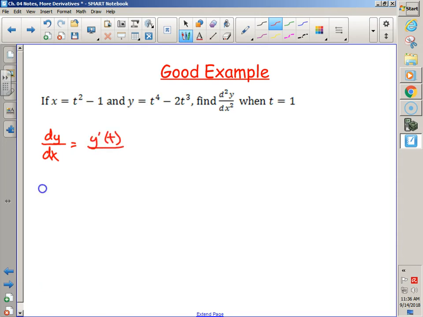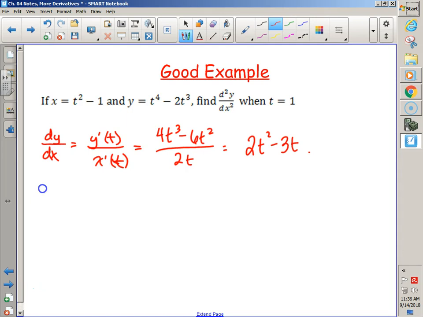Y prime over x prime. You saw why the notations worked on the page before, but let's go ahead and do it. If we can just memorize them, without even thinking about the notations, for most of us it'd be easier that way. We just have 4t cubed minus 6t squared all over 2t, right? Can we simplify that? Yes, please. Wouldn't we end up with 2t squared minus 3t? But that's the first derivative.